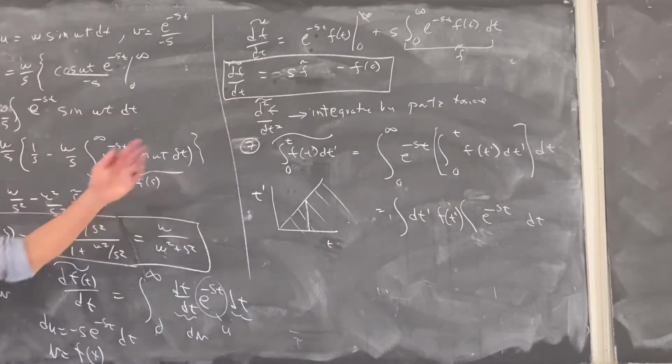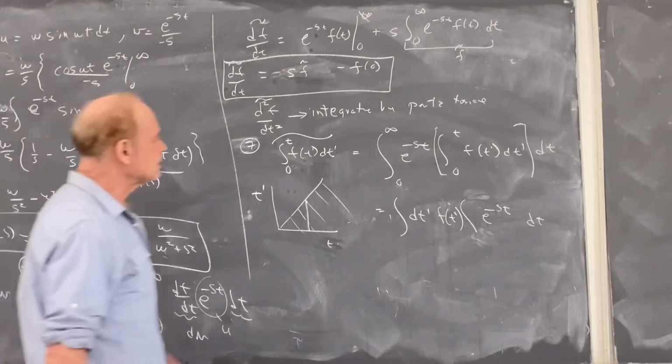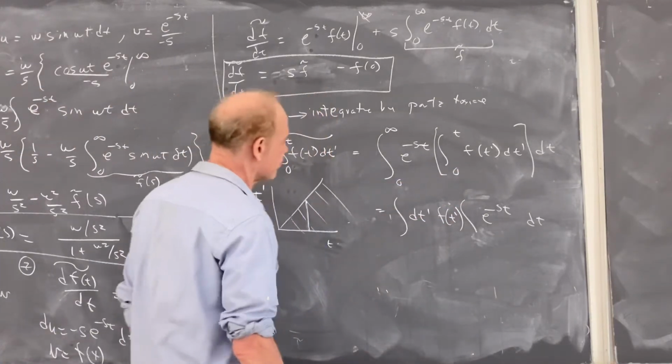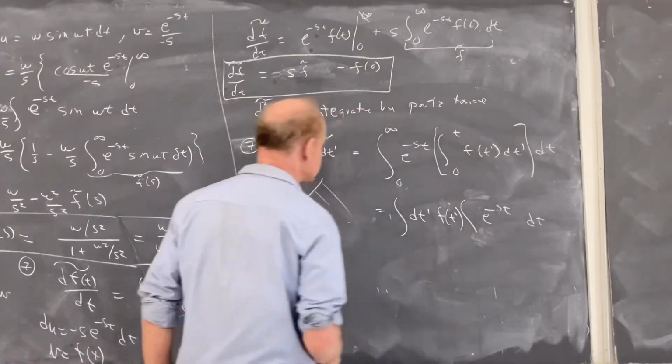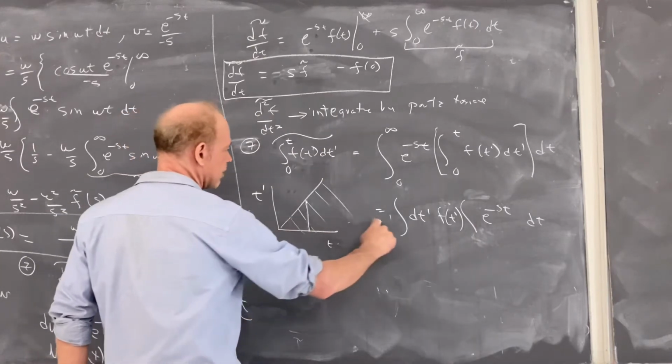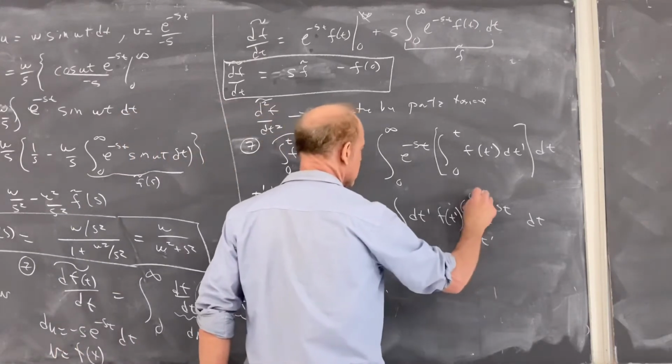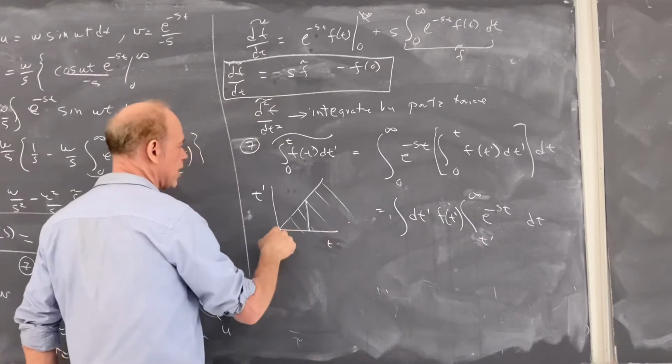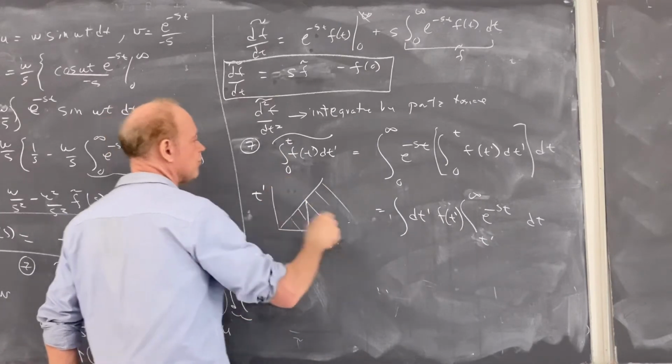In the lower one, I have t going from t prime to infinity, and t prime is going from 0 to infinity.